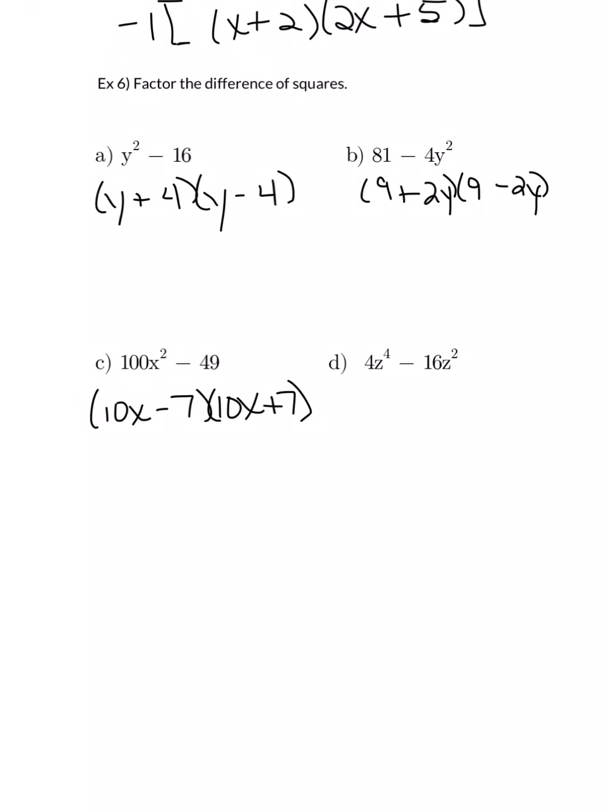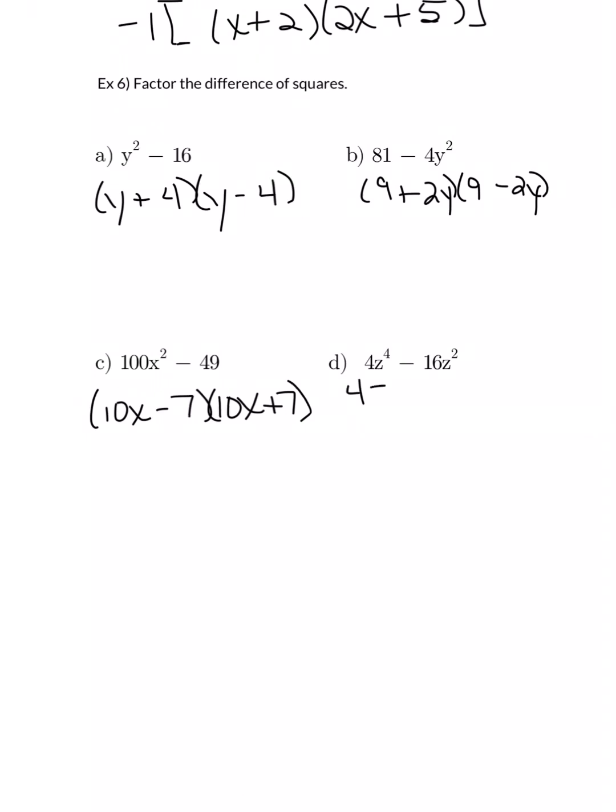Do be careful when you see one like D. You have to notice that there's a common factor there. Both of those terms divide by 4. So we're going to take out 4, and both terms have a z in them.